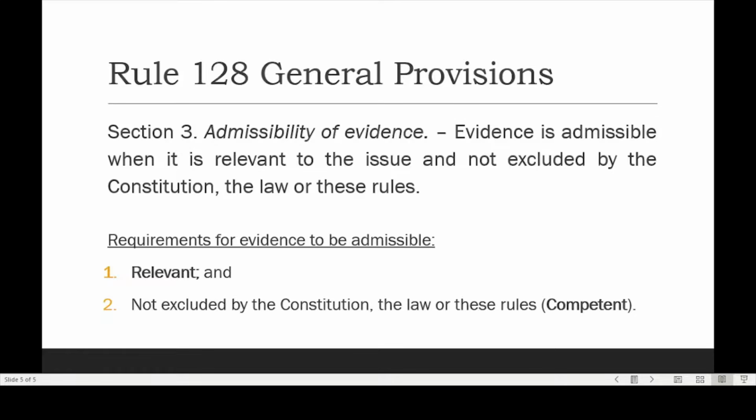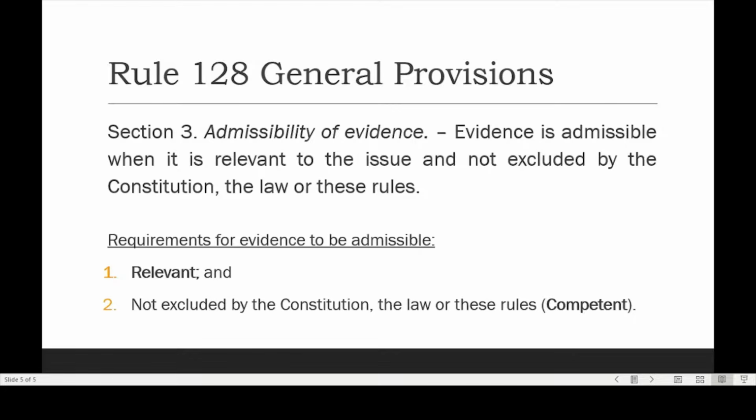So again, we must remember, in order for an evidence to be admissible in court, it must be relevant and it must be competent. Again, if we say competent, it is not excluded by the Constitution, the law, or the rules on evidence.